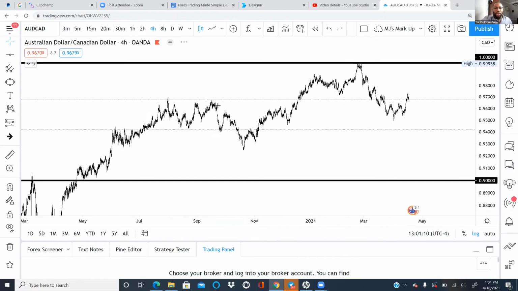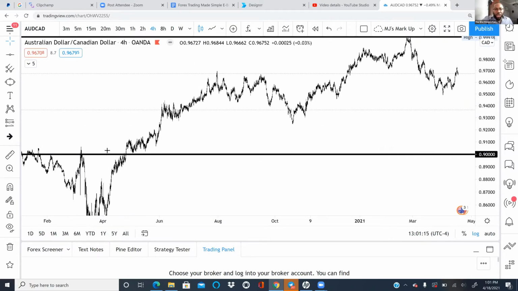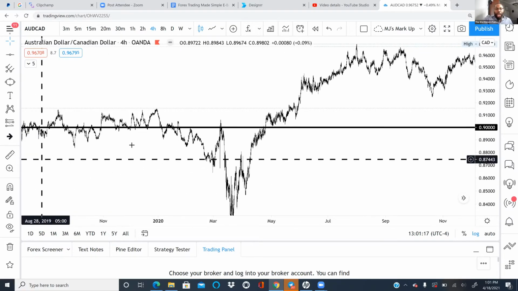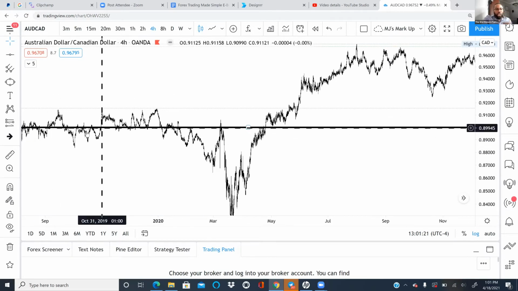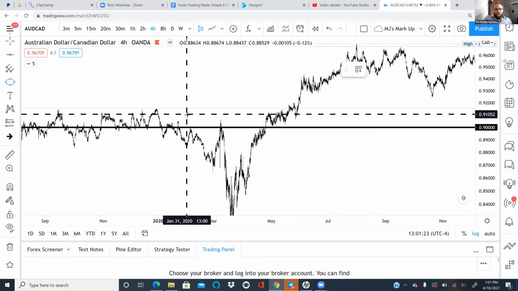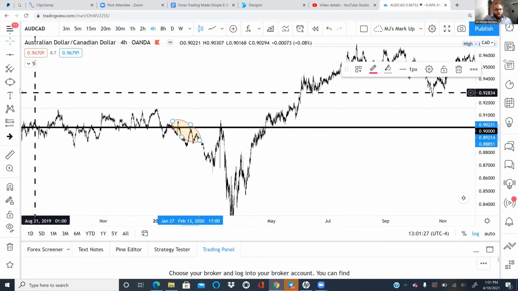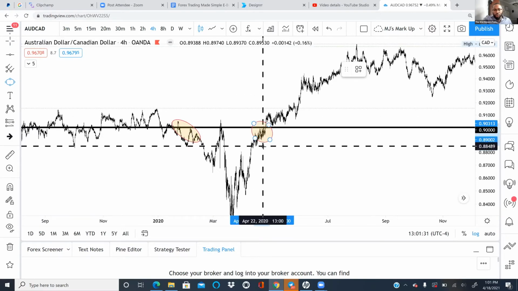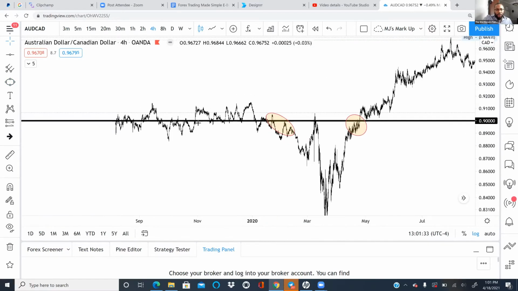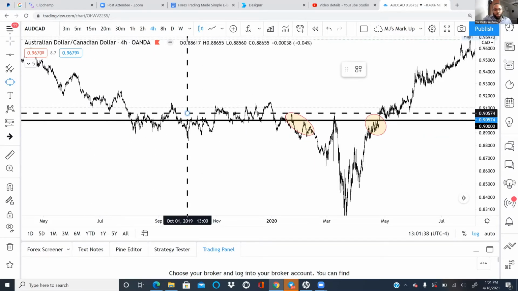Now, there's a lot of space in between those. But check this out: 0.9, historically, acted as an area of resistance before, right here and right here. It was kind of choppy in this area, but it was a struggle for price to break through.